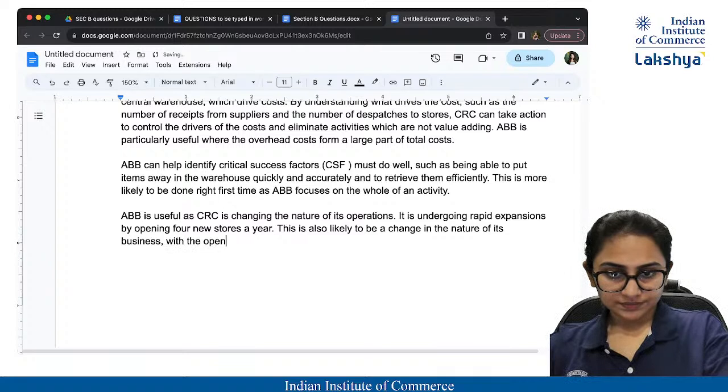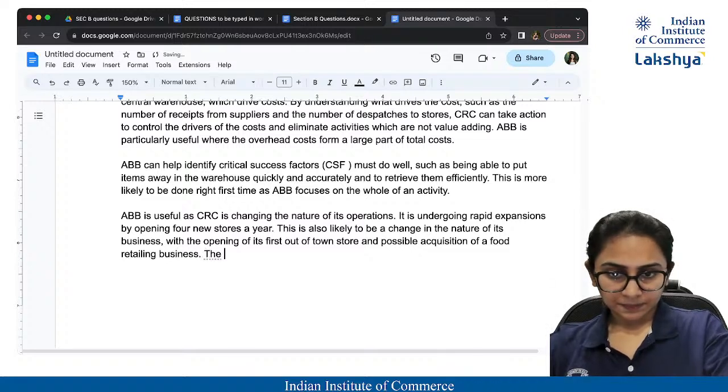With the opening of its first out of town store and possible acquisition of a food retailing business, the incremental approach to budgeting may no longer be appropriate.